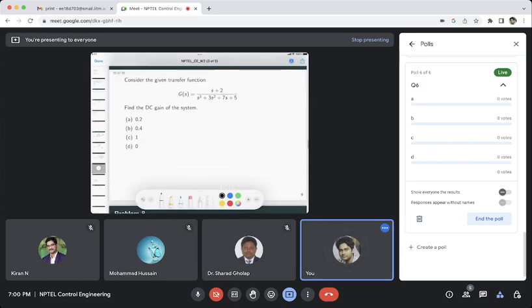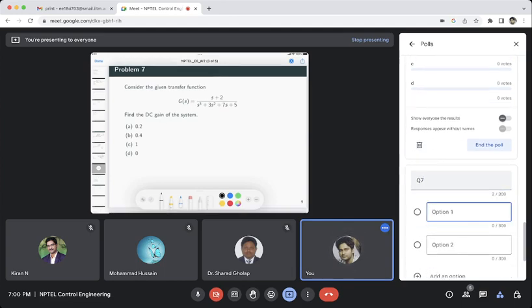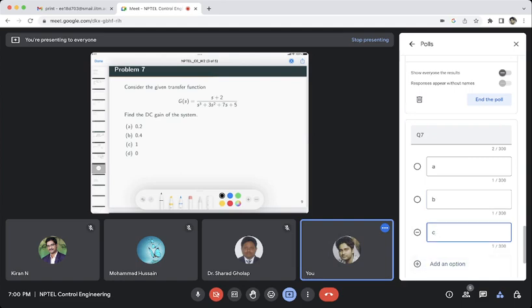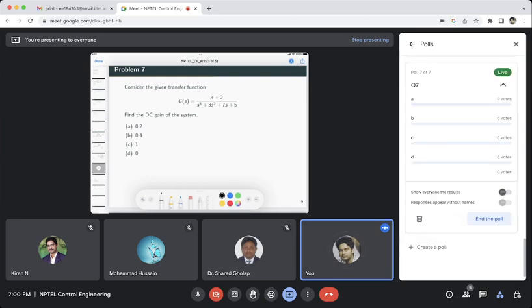Okay, so next question. Very simple question. You have to find the DC gain. This is question 7. So we can answer through the poll.